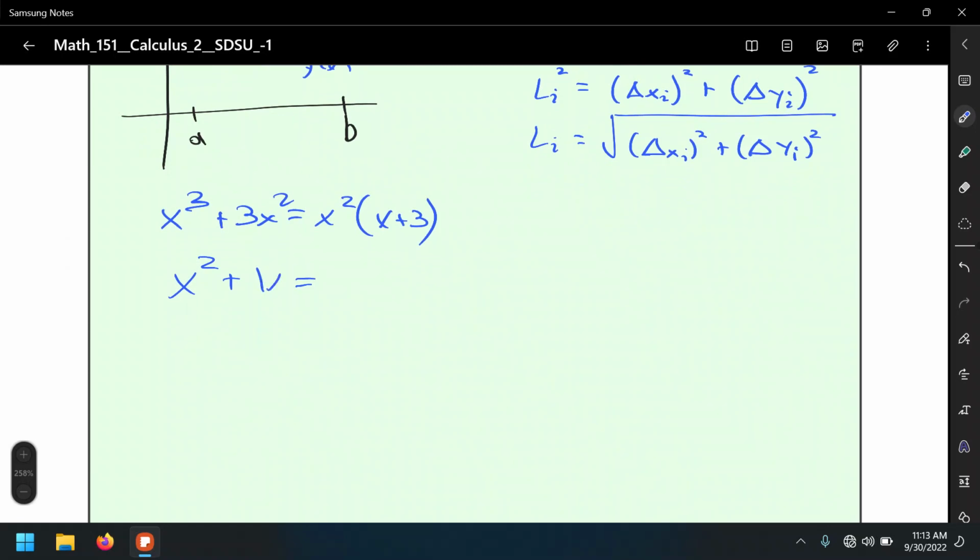I could have factored an x squared if I had an x, or maybe an x cubed, or an x to the fourth, or an x to the 100. I can factor out an x squared. But how am I even able to factor an x squared from this expression? Yes.